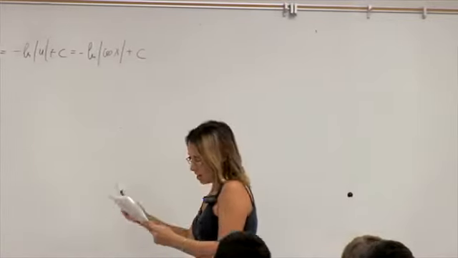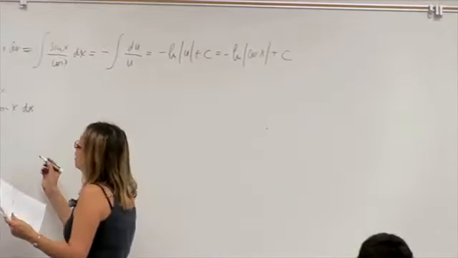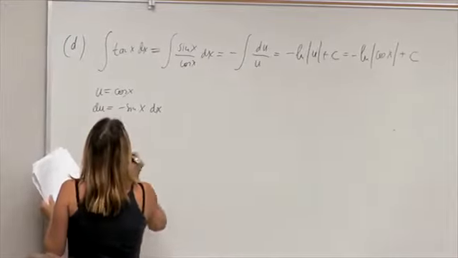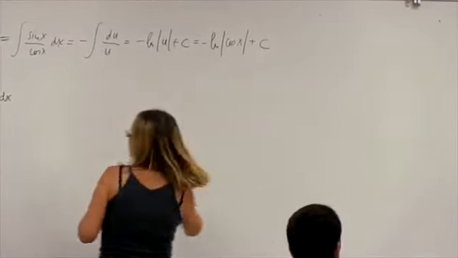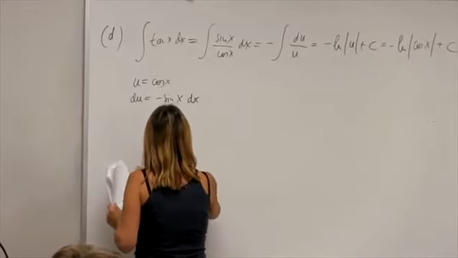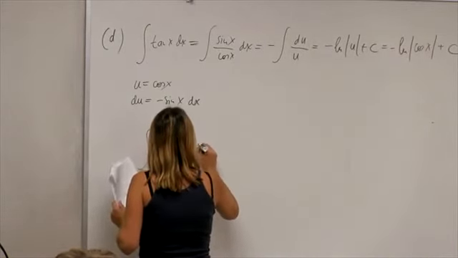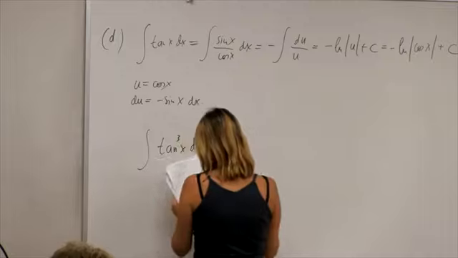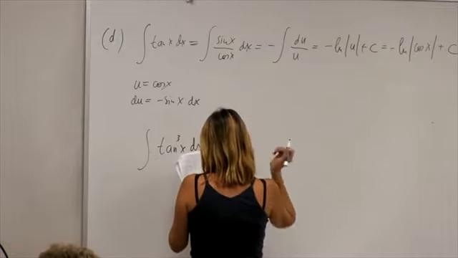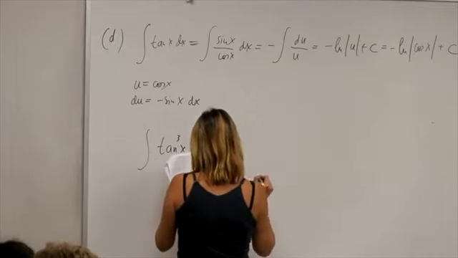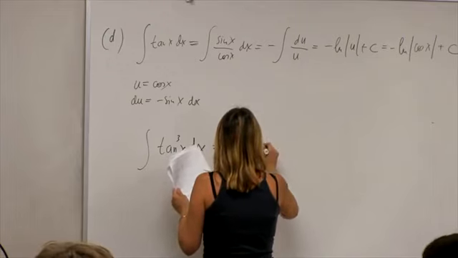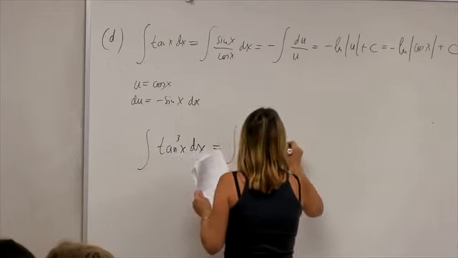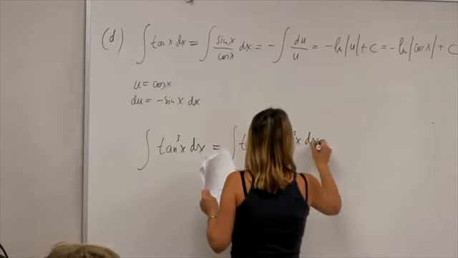Okay. The next case, we are looking for odd tangents, no secant. So the next one obviously is tangent cubed x dx. So what do we do here? We are going to split off tangent squared x dx.